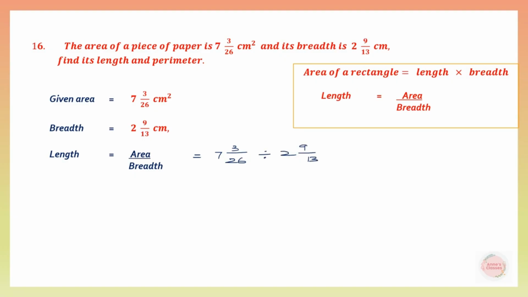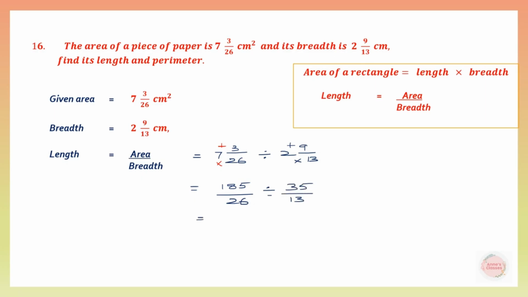Here we're going to first convert. 26 into 7 is 182, plus 3 is 185. The denominator is 13 into 2 is 26 plus 9 is 35. So that is 35 by 13.